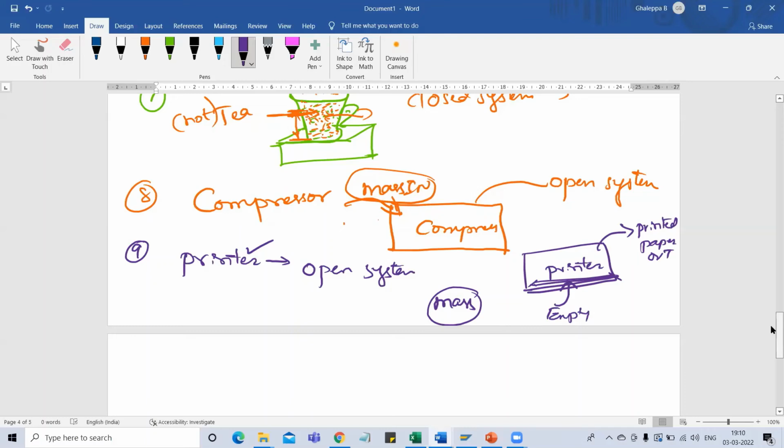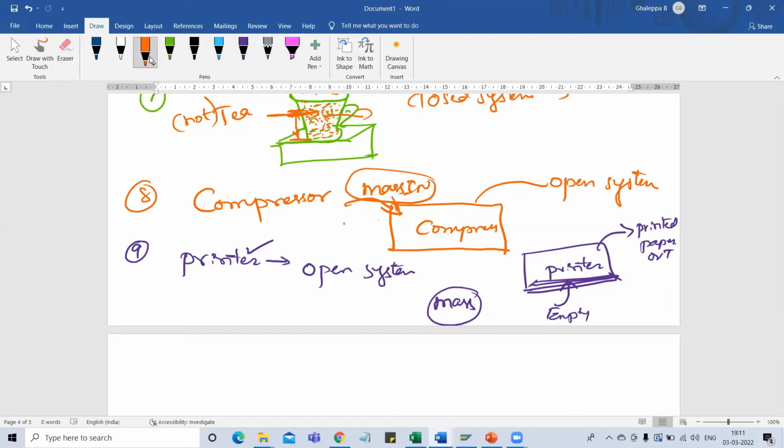So what kind of energy interaction is there here? To run the printer, what is the input energy required, my dear students? Electrical energy.